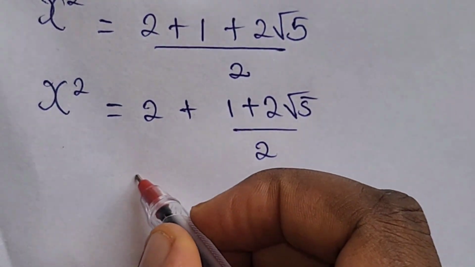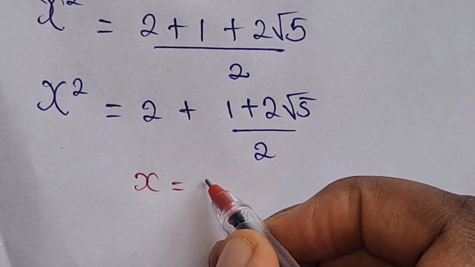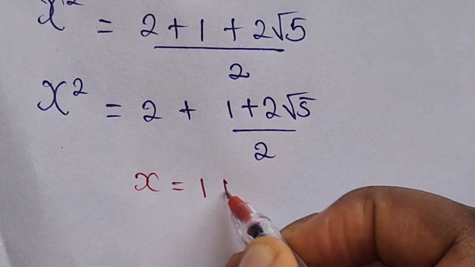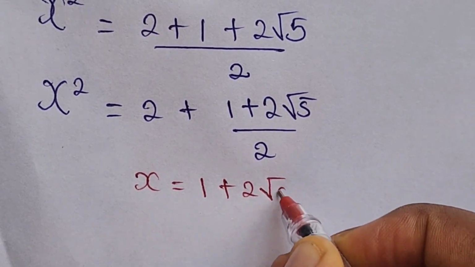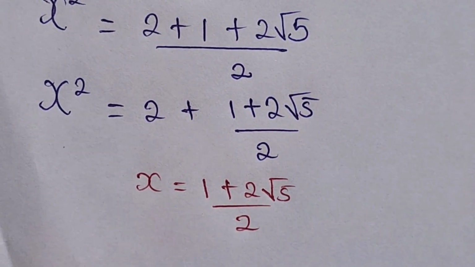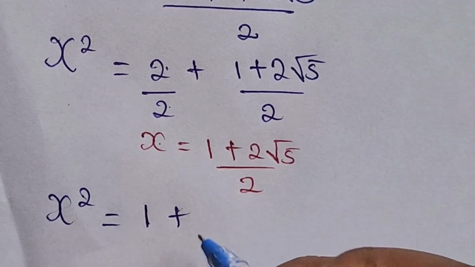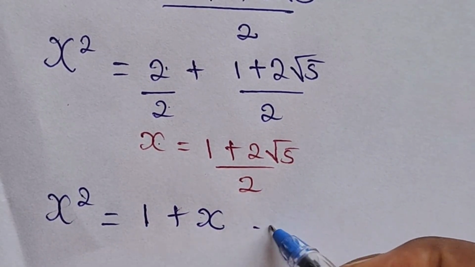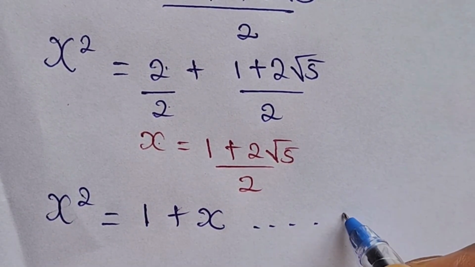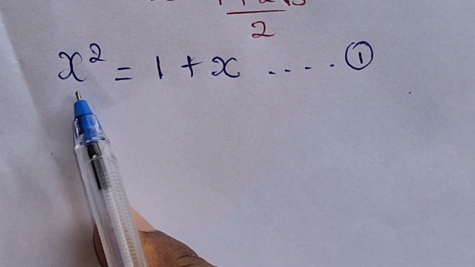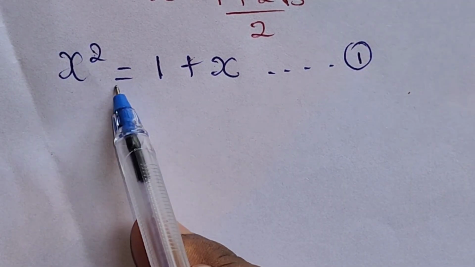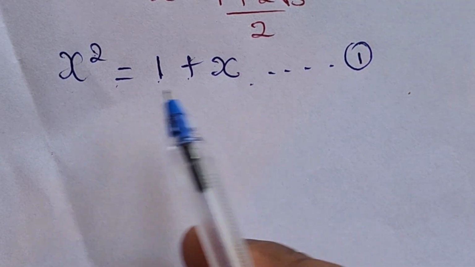Now let's recall that our x is equal to (1 + √5)/2. We have 1 plus our x here; we replace this to give us x. Let's name this equation 1. So we've gotten the value of x squared to be equal to 1 plus x.